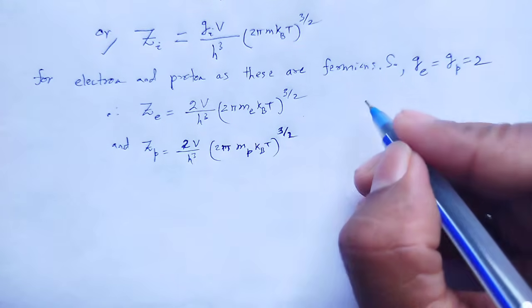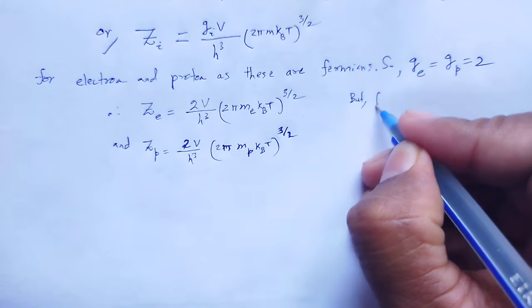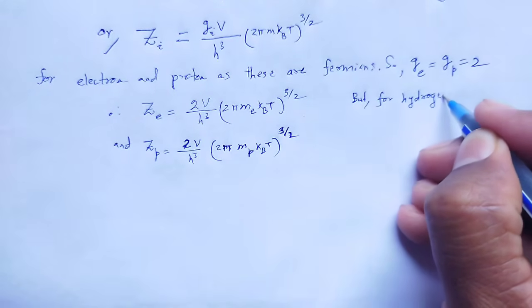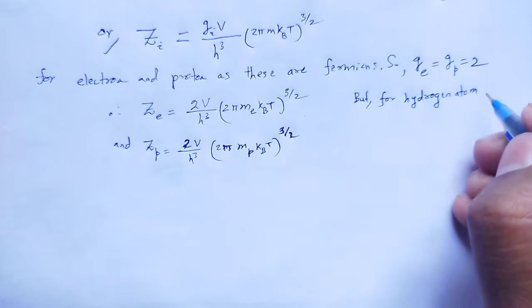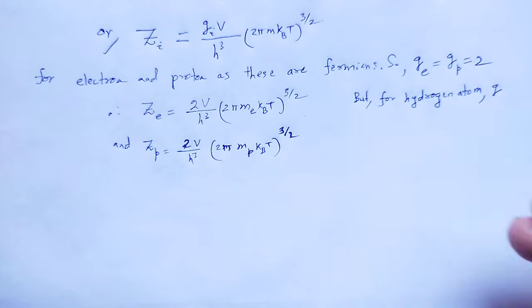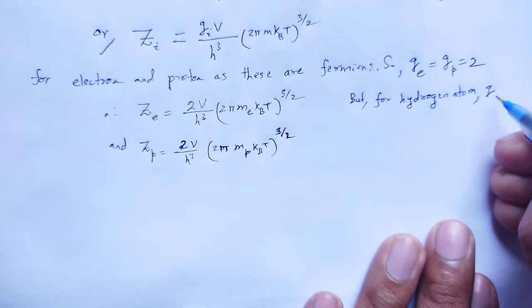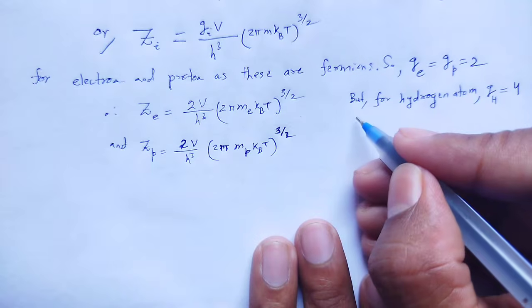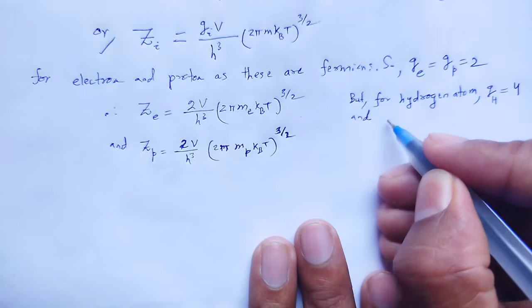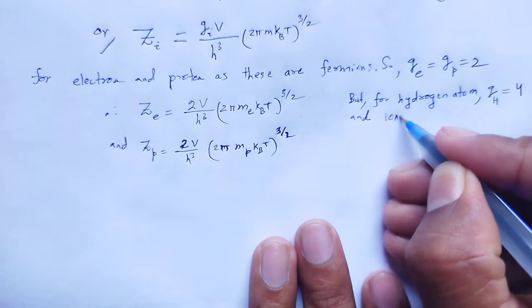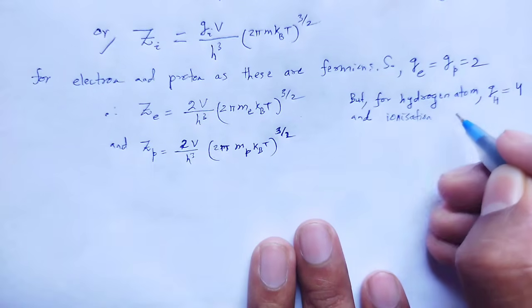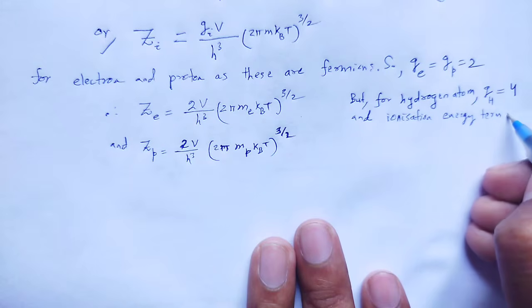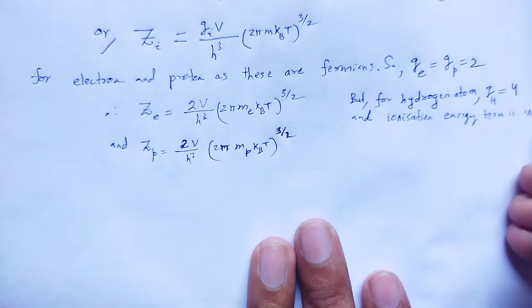But for hydrogen atom, g for hydrogen is equal to 4, and the ionization energy term is introduced.